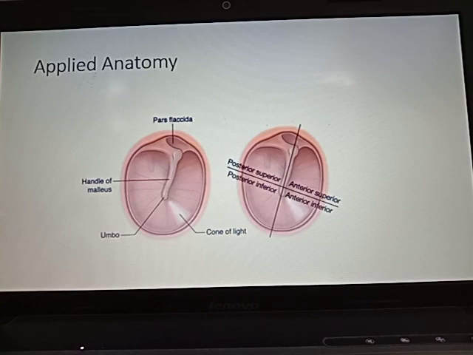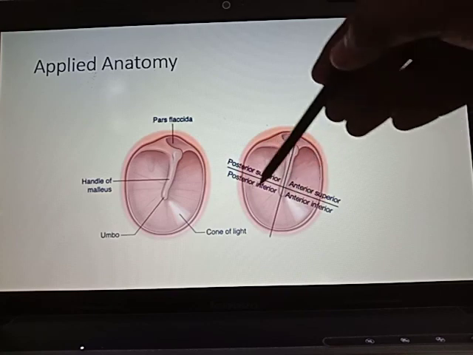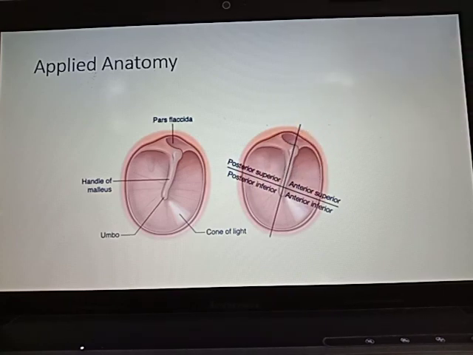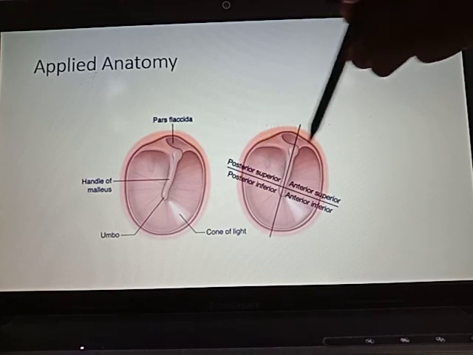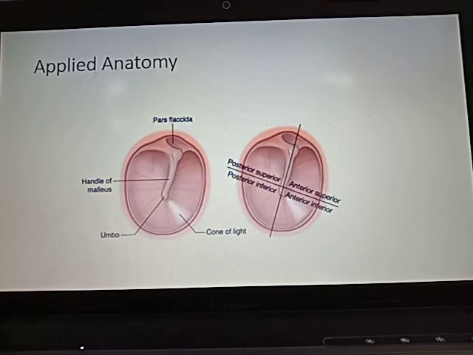And when myringotomy is done, when the perforation of the tympanic membrane is made by the ENT surgeon, the inferior quadrant is preferred to make a hole. So the chance of injury to the chorda tympani nerve is minimized, because the chorda tympani nerve goes to the superior quadrant.